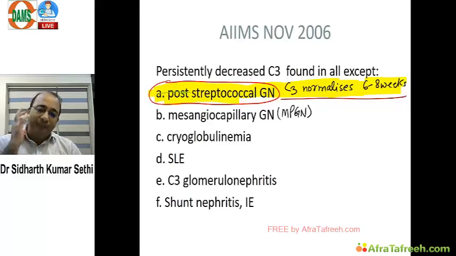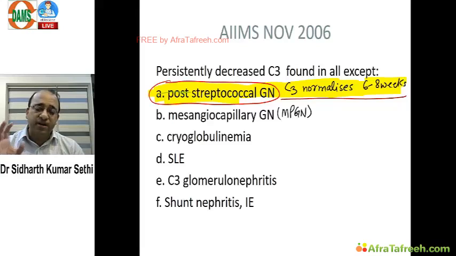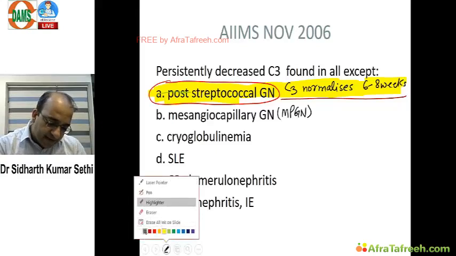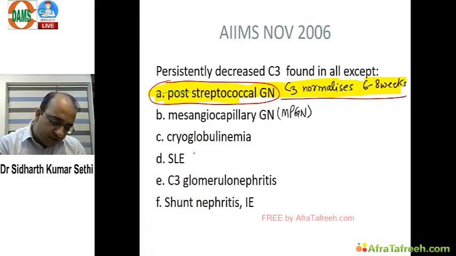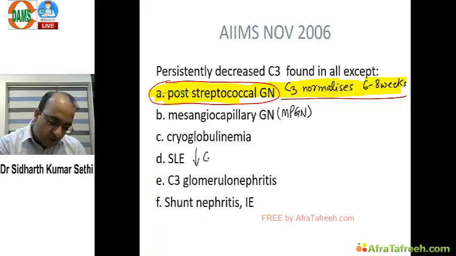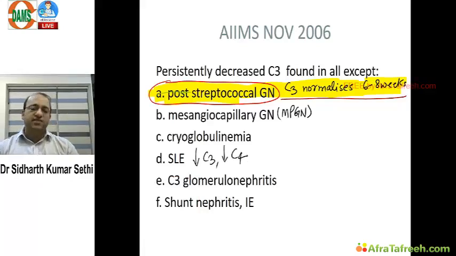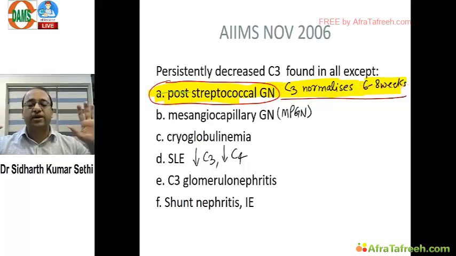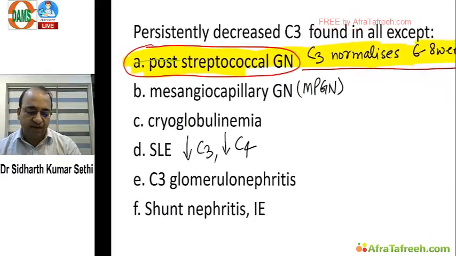So I would say the pathogenesis of post-streptococcal GN is a transient alternative complement cascade activation. Now, what about SLE? In SLE, both classic and alternative pathways are activated. So in SLE, C3 is low, and C4 is also low, because both classic and alternative pathways are involved.